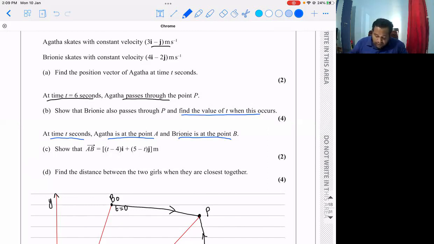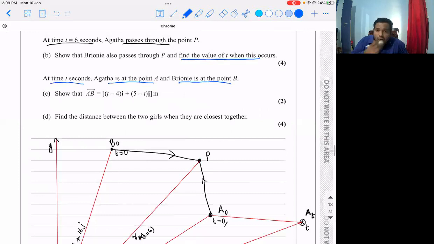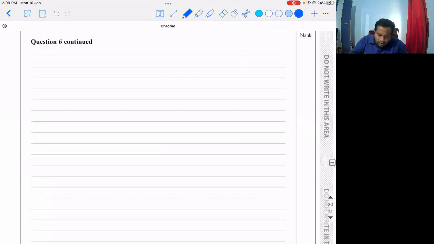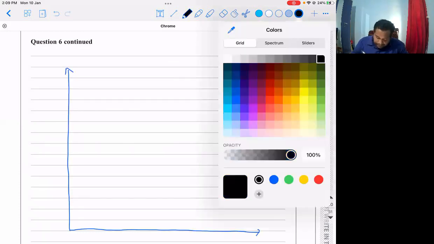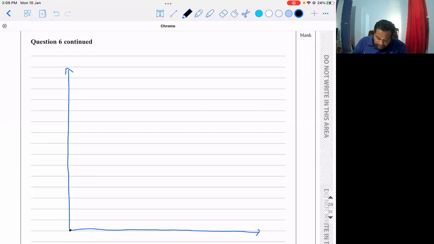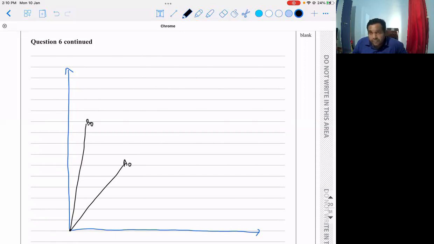So here, I would like to draw one more figure. Same thing. At any time t, initially Agatha was at A0 and Brioni was at B0. Now what happened?